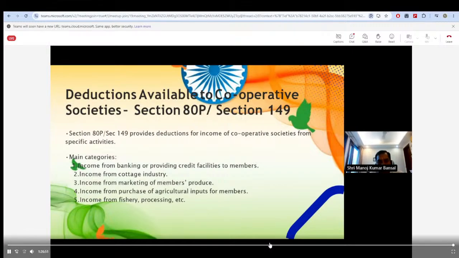So under that section, 80P applies, and 100% deduction is available to them. Income from fishery, processing, etc. This also has 100% benefit that can be availed.